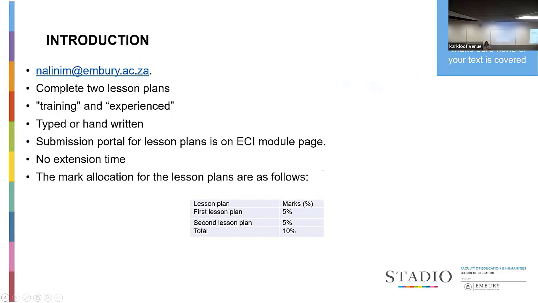As part of the assessment for this module, you will complete 2 lesson plans. Your first lesson plan is at the beginning of the module, and the other lesson plan is at the end of the module, with different expectation levels. The first lesson plan can be viewed as a training, and the second lesson plan will be scored as if you are experienced at writing lesson plans.